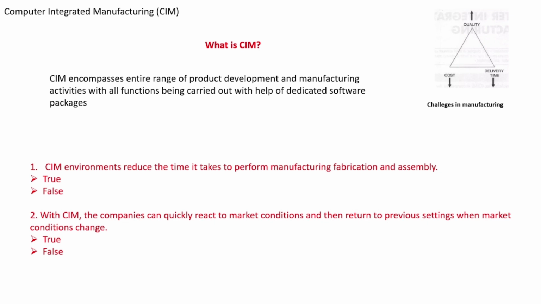So what exactly does computer integrated manufacturing signify? It encompasses the entire range of product development and manufacturing activities, with all functions being carried out with the help of dedicated software packages.